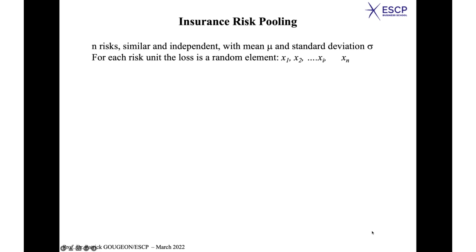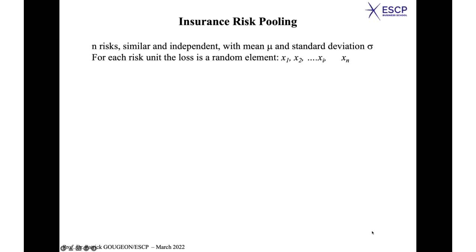The mean is mu. For instance, let's assume that mu is 1,000. It means that for each person, on average, the expected loss would be 1,000. And there is a standard deviation for that, which is sigma. For each risk unit, the loss is a random element, indeed.